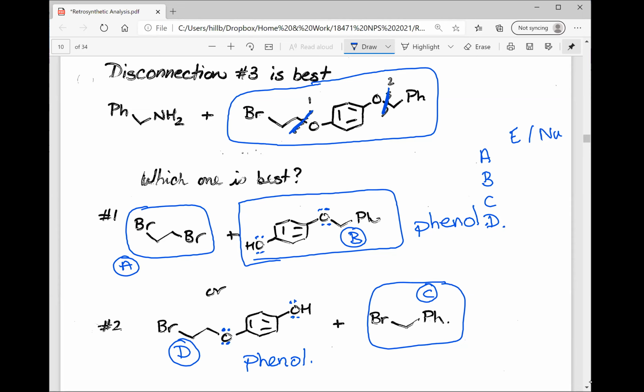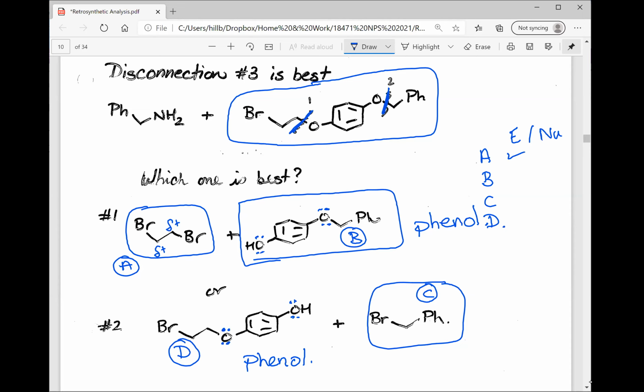So is molecule A an electrophile, a nucleophile, or both? Electrophile. Right, so delta plus, delta plus. So fragment A is purely an electrophile.